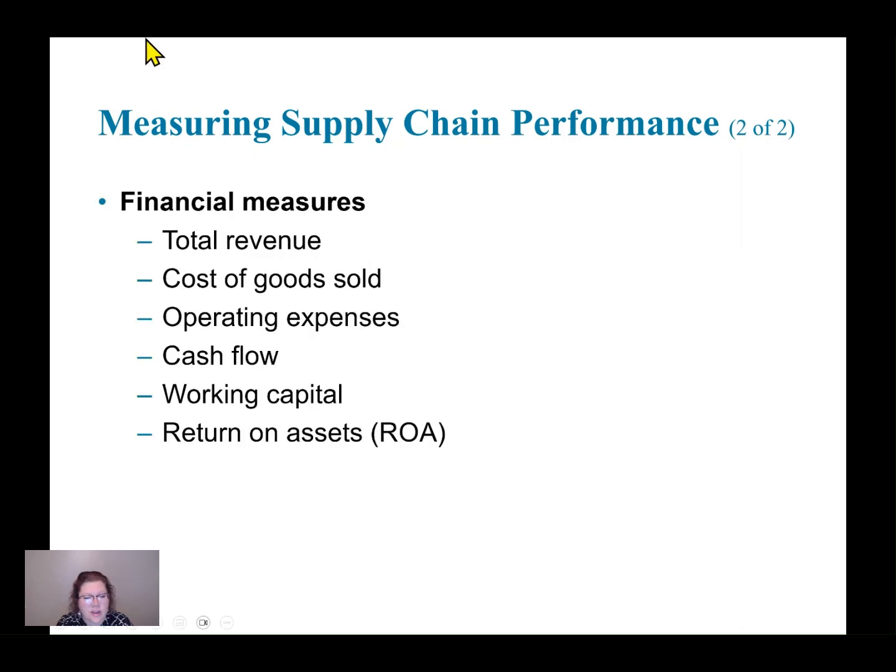And this will, of course, have implications for our revenue and sales, our overall costs, so cost of goods sold, operating expenses, cash flow, working capital, and our various return measures.